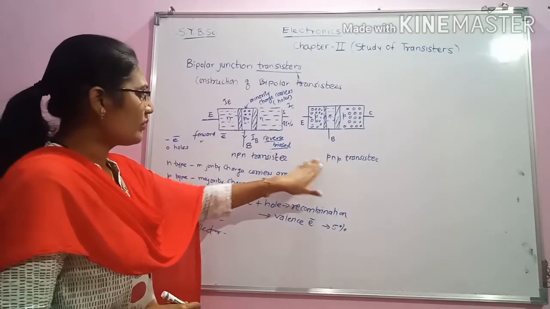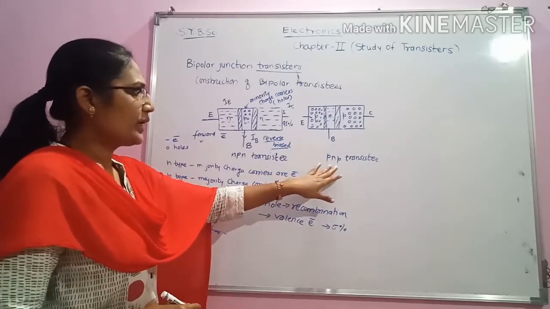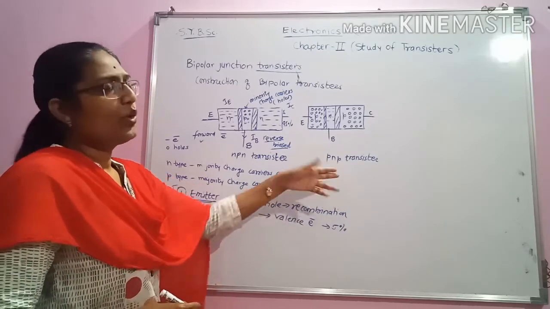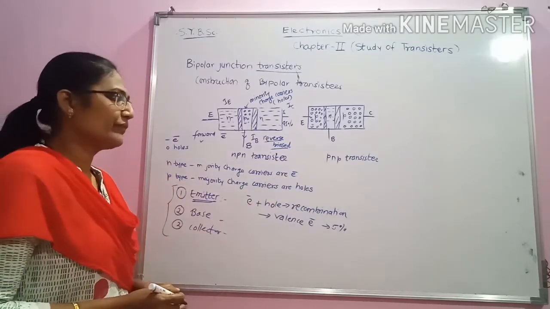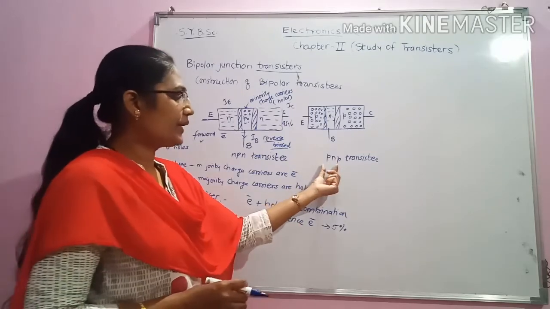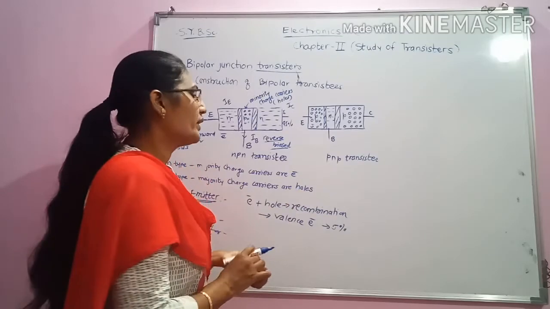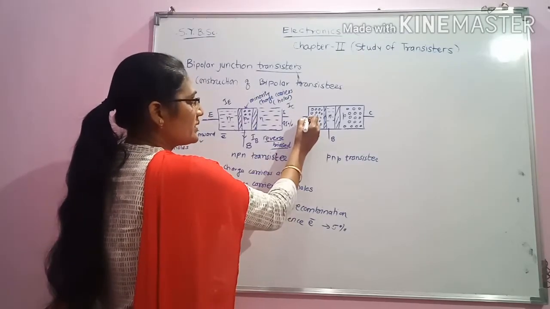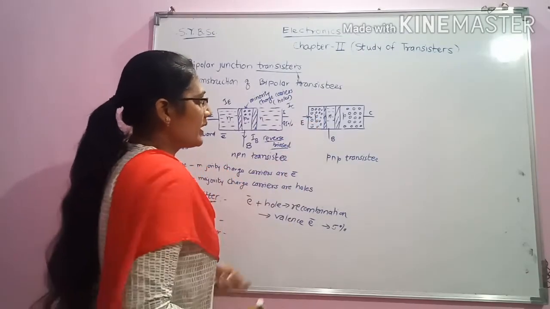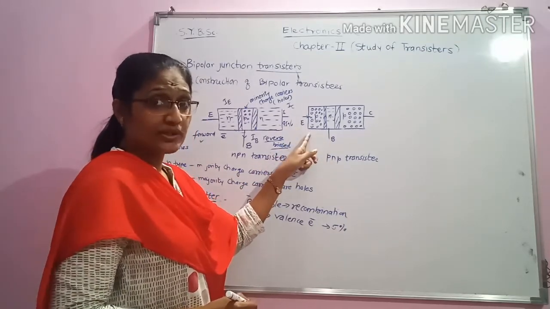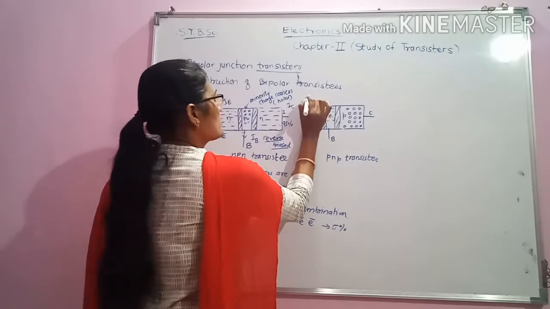Here, instead of P-type material we are using N-type material, and instead of N-type material we are using P-type material. That is, in between two P-type materials we are sandwiching the N-type material. The emitter is the portion of the transistor which will have majority charge carriers as holes.